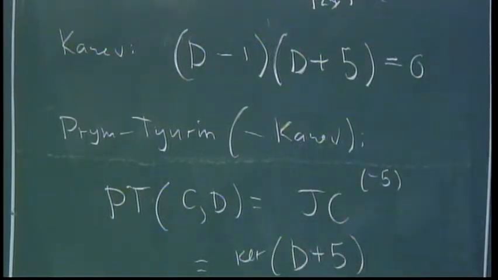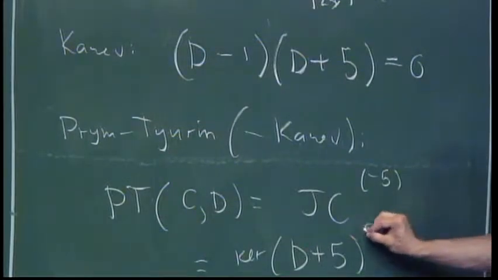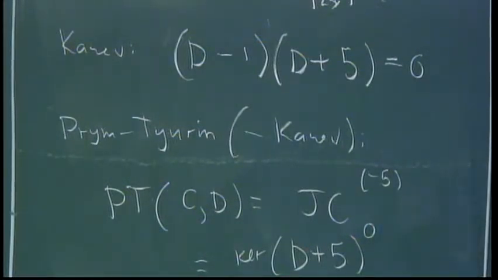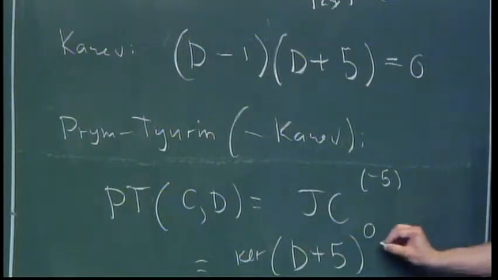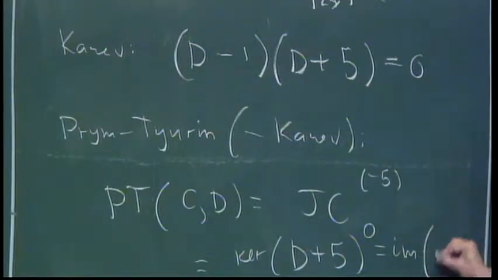As for Prym varieties, you can look at the kernel of D+5 and look at the connected component of identity, or you can look at the image of D-1, and then you don't have to take the connected component of the identity.